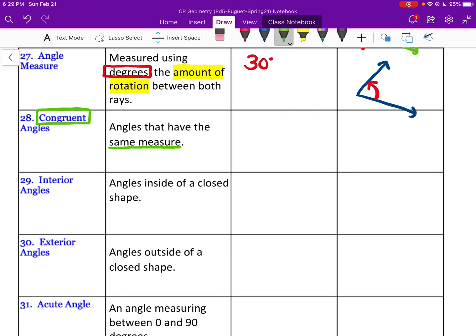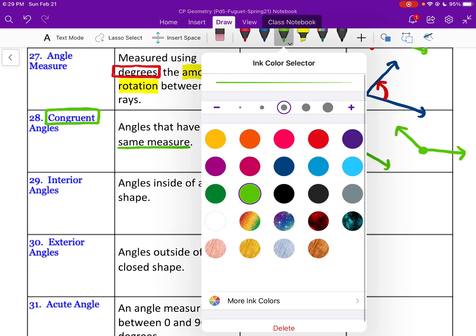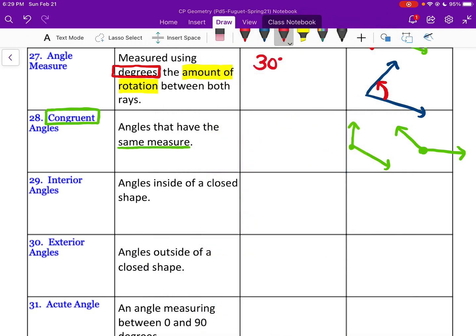So let's draw one in here. Maybe we make it look like this. Again, there's our two rays. And I'm going to do this on purpose. So let's say we measured these with our protractor, and both of them came to, well, that's not going to be 30. Maybe we make it 120 degrees for each of these.